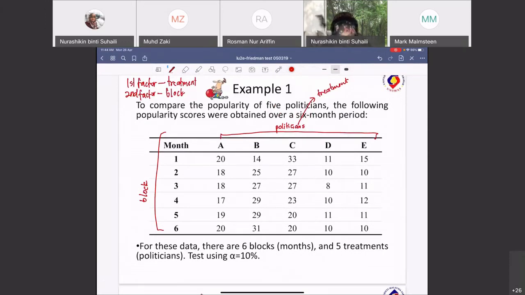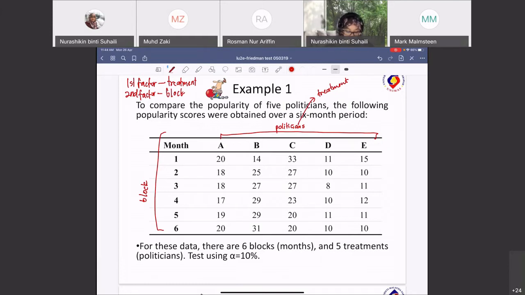So you are given this data and you have to test whether there is any difference in the popularity of 5 politicians. I think the sentences of this problem are not complete. Basically, you have to find whether there is a difference in popularity between all the politicians, but based on blocks: month 1, month 2, month 3, month 4.